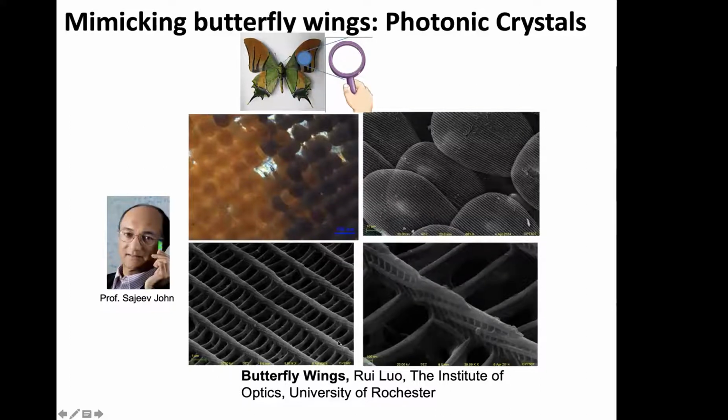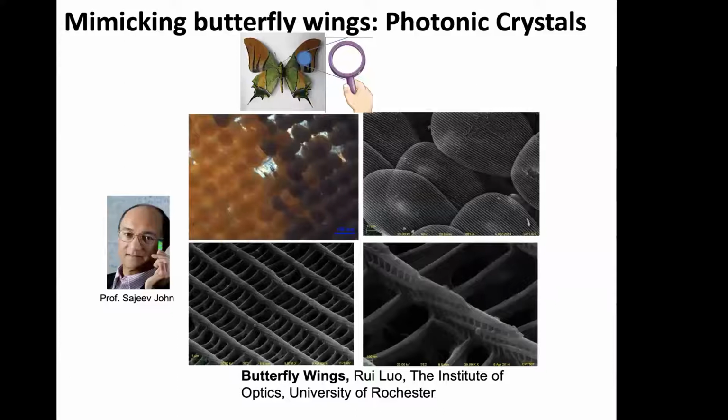Now we know that this is called a photonic crystal, where light of a particular wavelength can pass through and a particular set of wavelengths cannot, depending upon the size of these spaces or voids. Somehow the butterflies have made very beautiful nano structures, of the order of a few nanometers, within their wings.